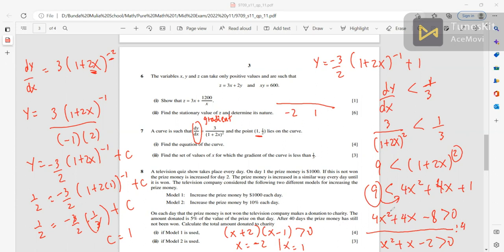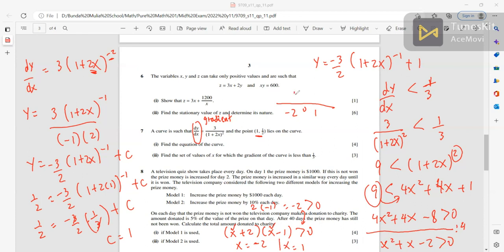We have to check which one is the correct one. So I try 0, I put the x value here. So I got 2 times minus 1, so this is minus 2. Minus 2 bigger than 0? So the statement is wrong.